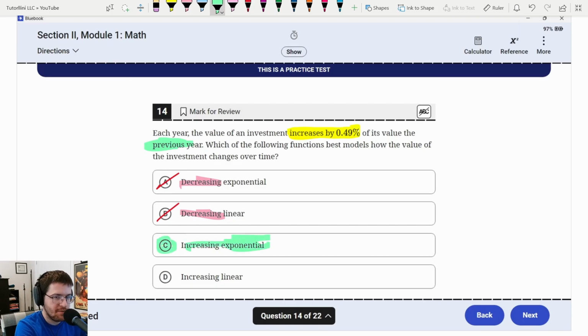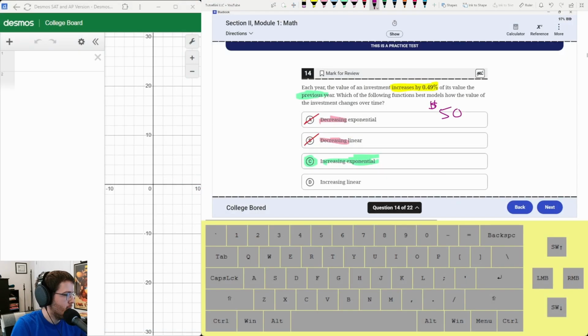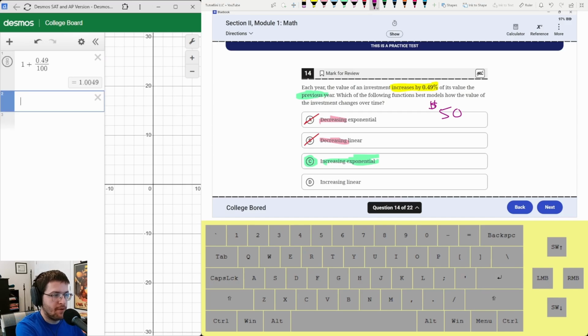So let me show you what they tend to do to try to trick us. So let's say we started with $50, right? The multiplier for a 0.49% increase would be 1.0049.